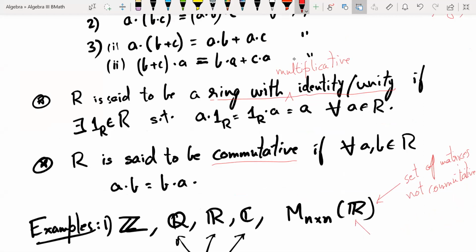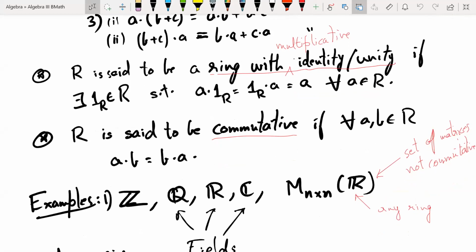In this R, you can replace it by any ring, and still you'll get a ring, which will be a non-commutative ring. When you do matrix multiplication, the entries don't go outside the ring.